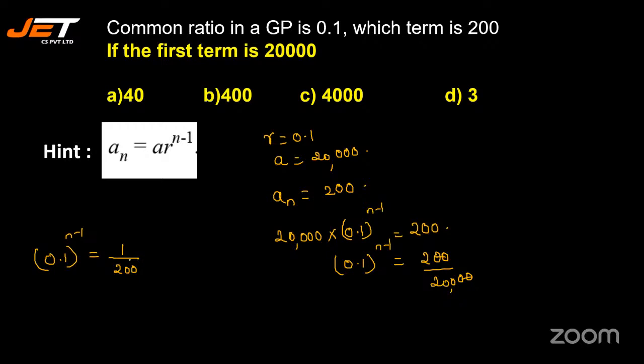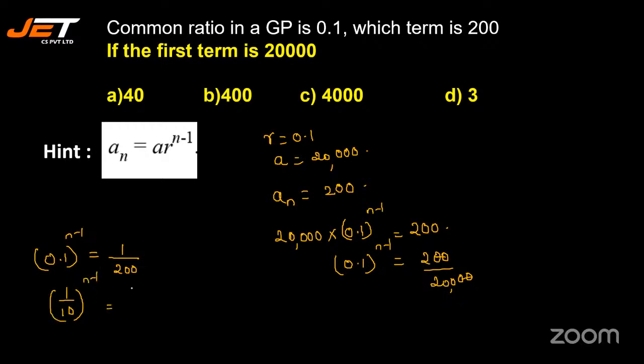So now we need to equate. How can we write 1 by 200 as? You can try making it... okay, so you can do one thing. 0.1 is 1 by 10 to the power n minus 1.